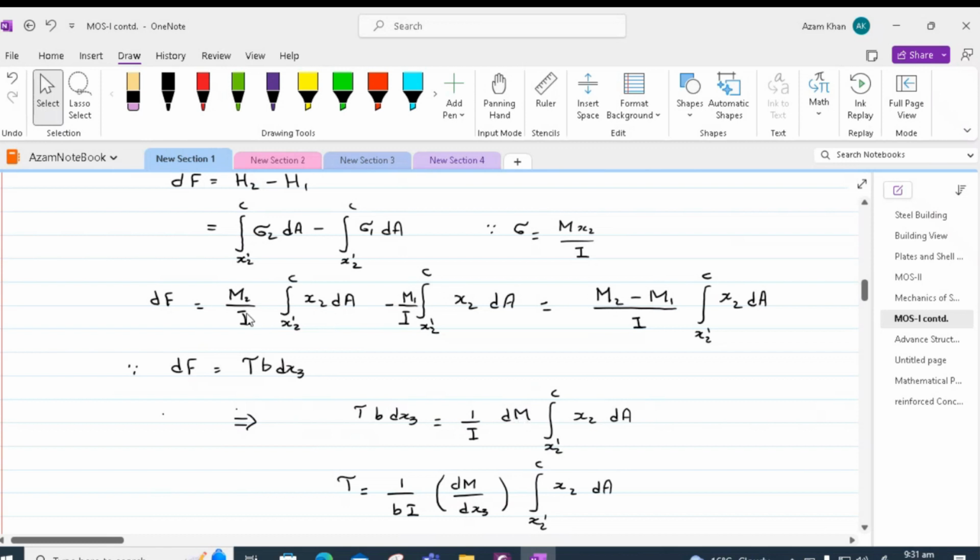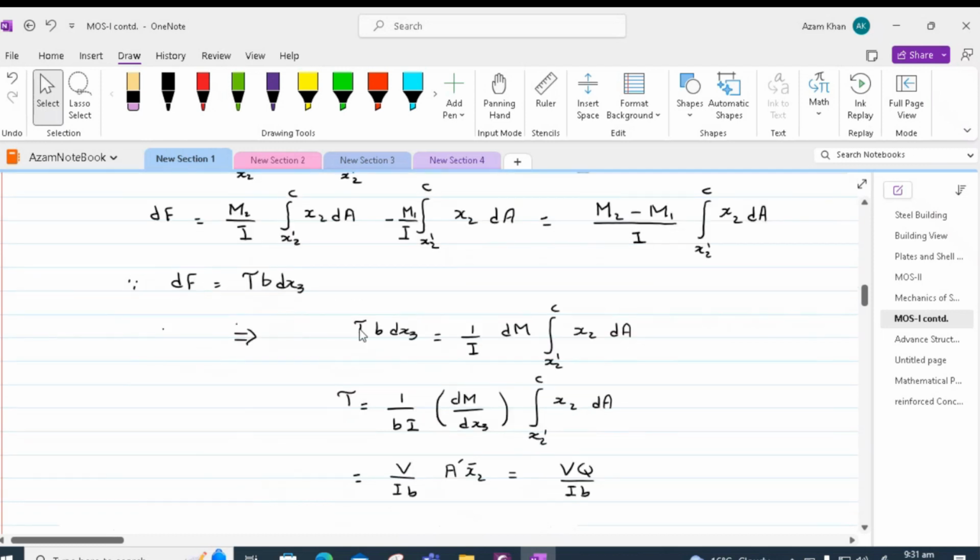Please note that M2 minus M1 is taken as common term in this equation. So using algebra, we get 1 over bI dM by dx3 and the integral of x2 times dA, with limit x21 till c.